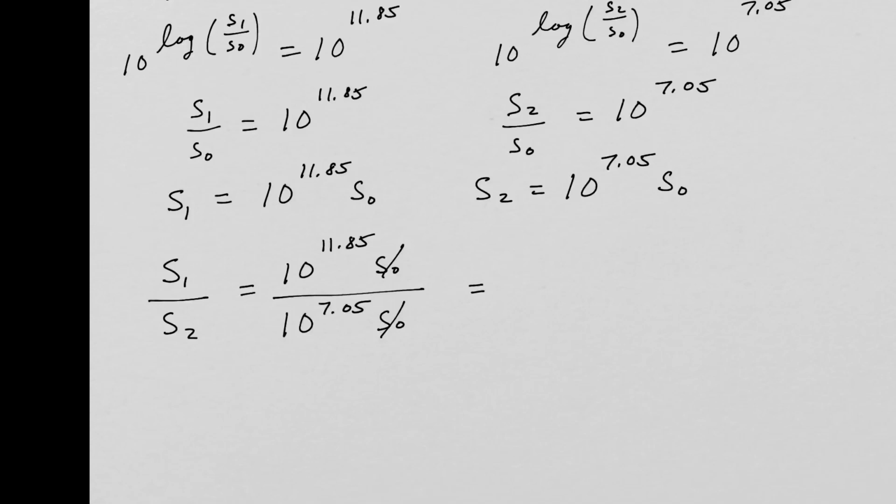Well, do you remember how to simplify if you have a power divided by a power with the same base? Remember, the rule is you keep the base and you subtract the exponent. So this would be 11.85 minus 7.05. And that's just going to be 10 to the 4.8.